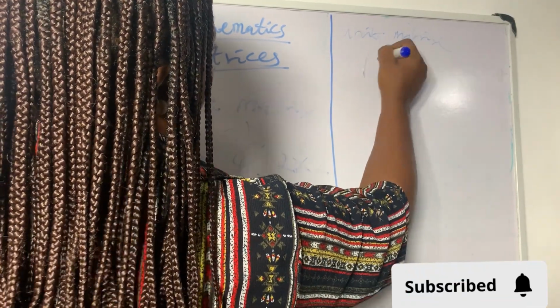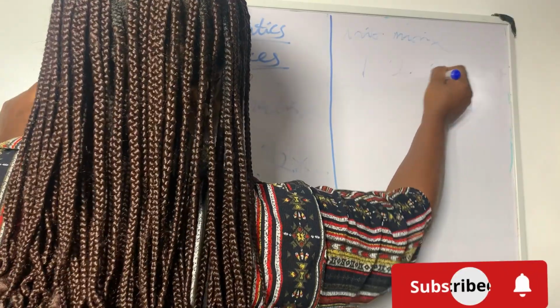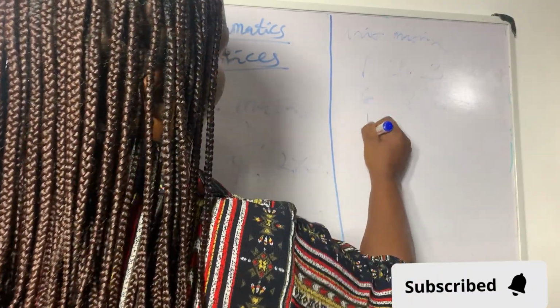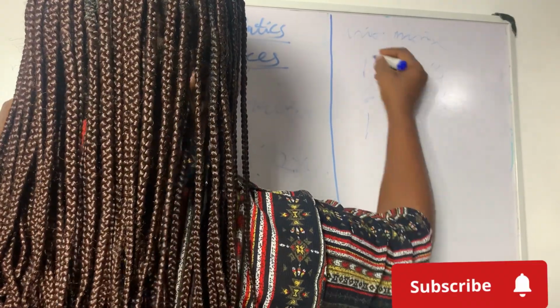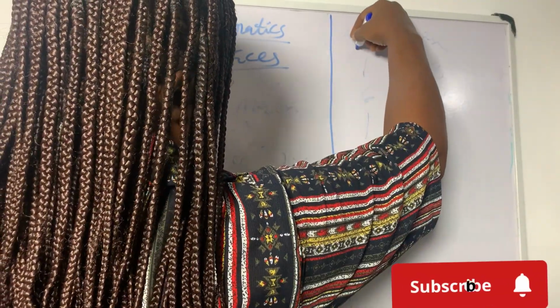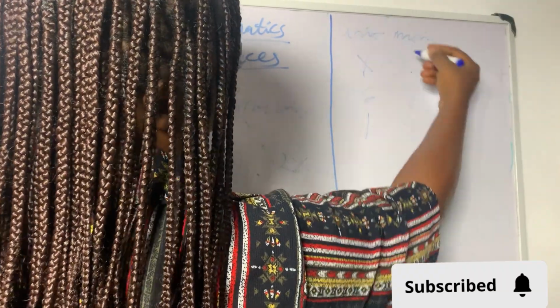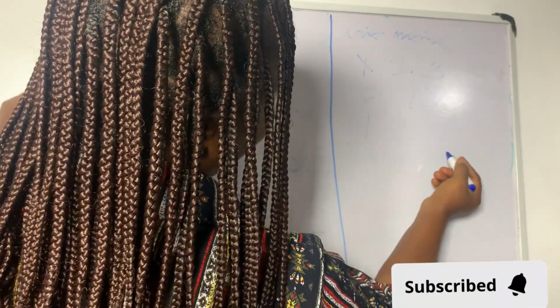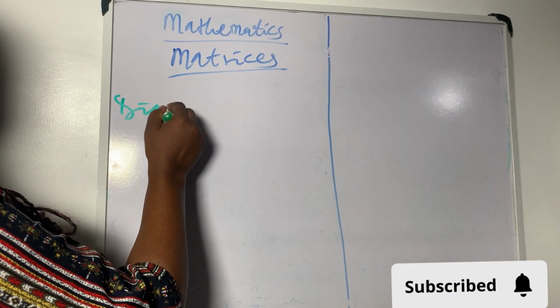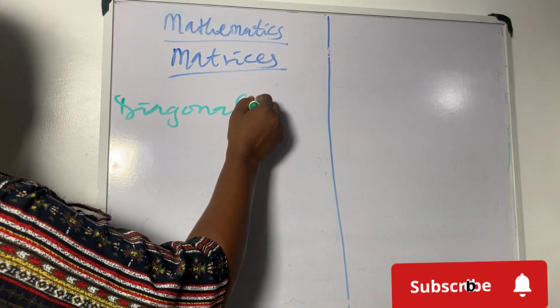If you have arrays of this order 1, 2, 3, 6, 7, and 8, 1, 4, and 5, the diagonal elements or numbers are 1, 7, and 5 here. Diagonal matrix.